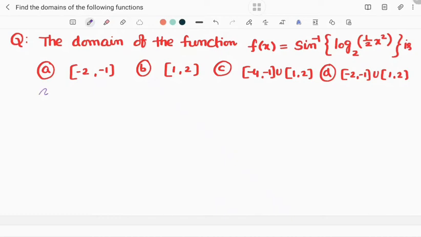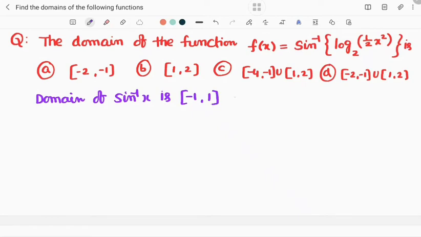Before discussing the domain of the function, here the function is sine inverse of some function. So first, the domain of sine inverse x is closed minus 1 comma 1.